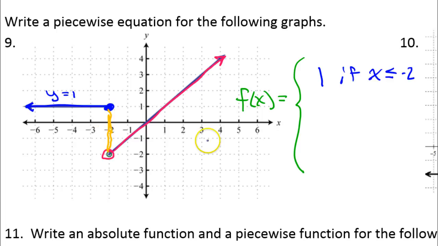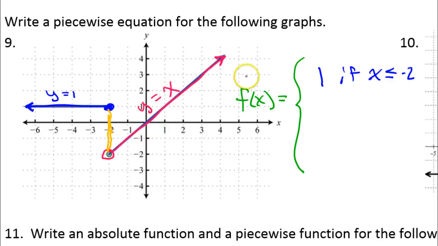That's done. Now the pink piece is a diagonal line, so this is going to have more of a y equals mx plus b equation, a little bit. The slope, it's going up 1 over 1, so the slope is just 1 over 1, which would be 1x, or just x. Now the y-intercept is 0, so I'm not actually going to put any number on the end.